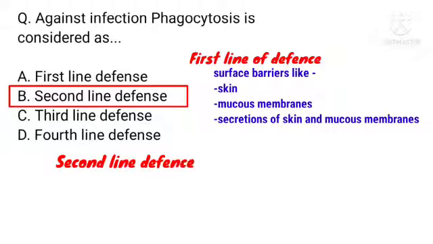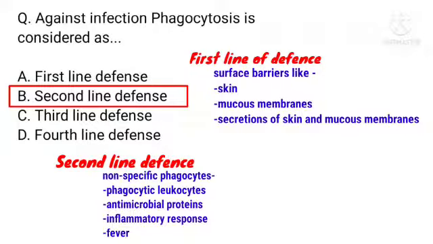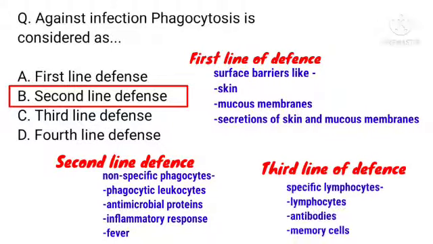The second line of defense are the non-specific phagocytes and other internal mechanisms, for example, phagocytic leukocytes, antimicrobial proteins, inflammatory response, and fever. The third line of defense are the specific lymphocytes that produce antibodies, for example, lymphocytes, antibodies, memory cells.